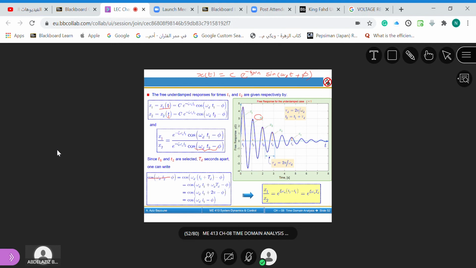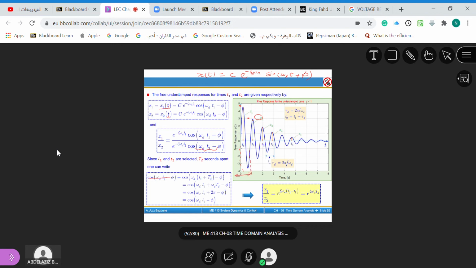As you can see, this is a periodic function, with the period 2 pi. If we take the peak-to-peak, from this peak to this peak will be the period.